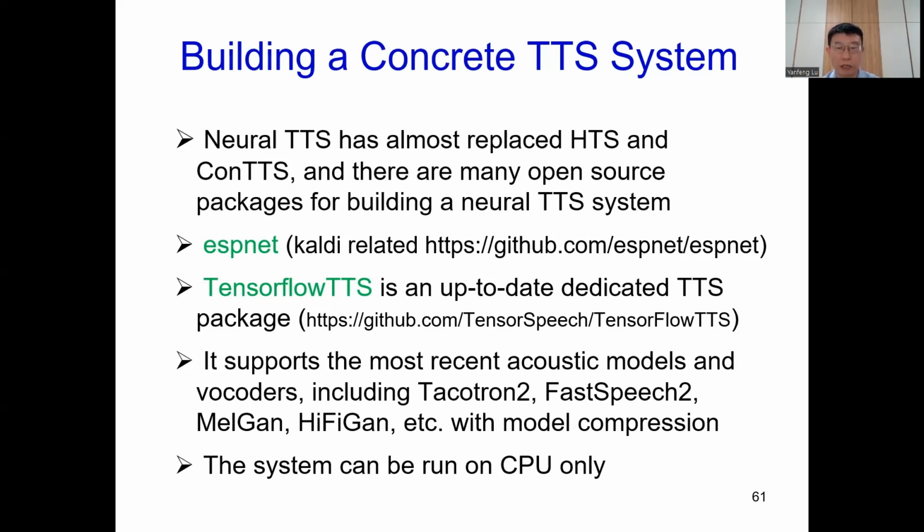That's a feature which ESPnet doesn't have. So if you want to focus on building a TTS system, you can try TensorFlow TTS. And if your machine is not that powerful and you don't have a powerful GPU, you can run your final system on CPU only.